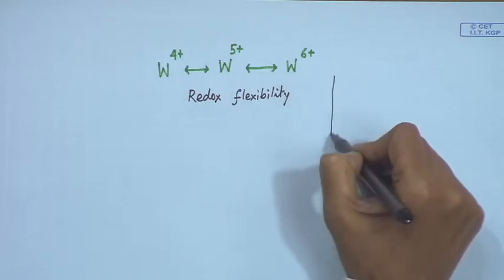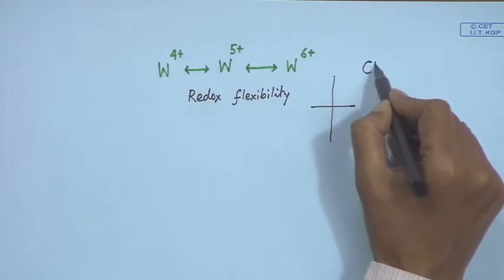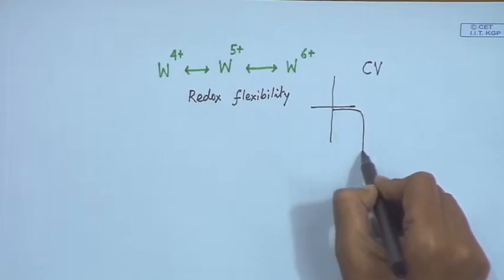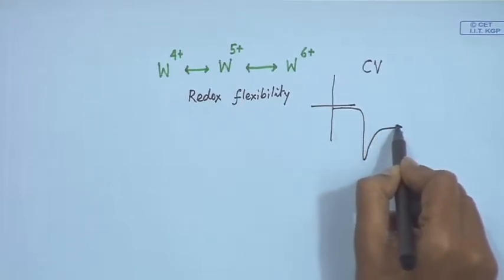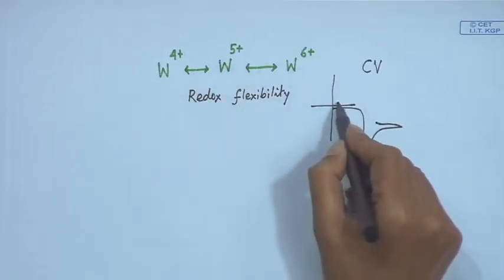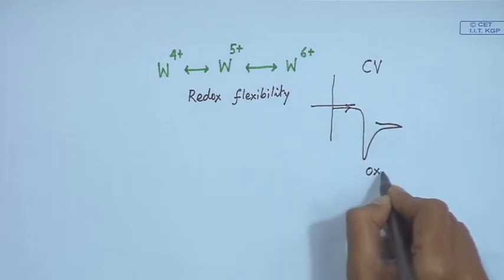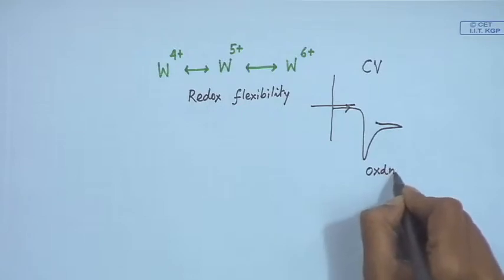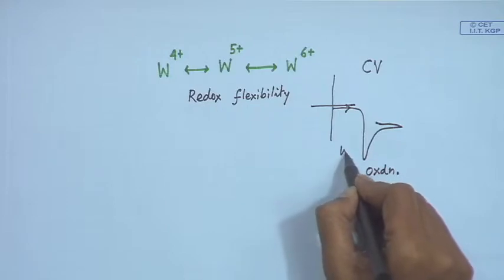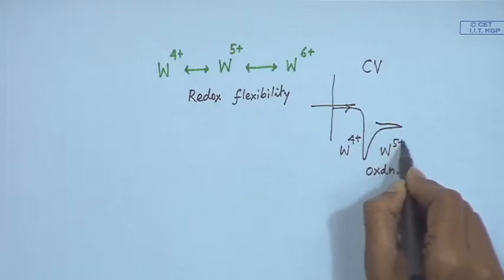So, for this we go for a cyclic voltammetric measurement. So, the CV, the cyclic voltammogram, what we basically get. If there is no such reorganization, so this is for the oxidation. We scan it from left to right, and if this is for oxidation, we are producing tungsten 5 plus from tungsten 4 plus.